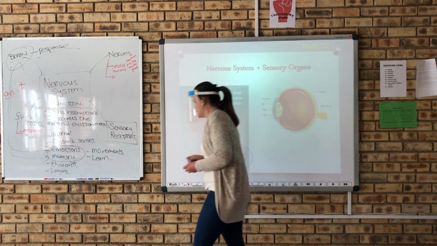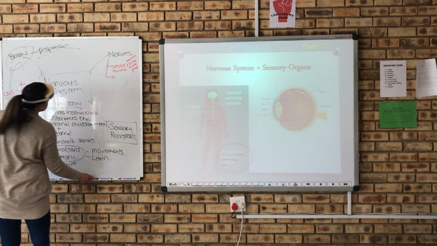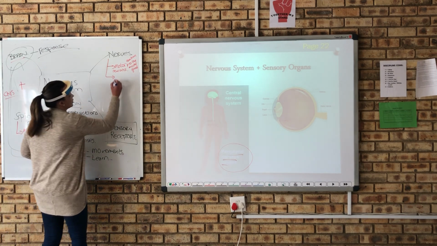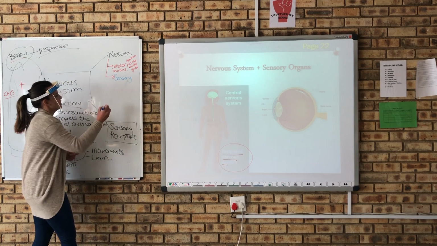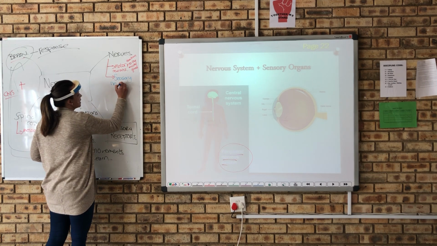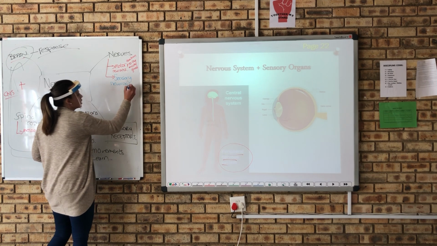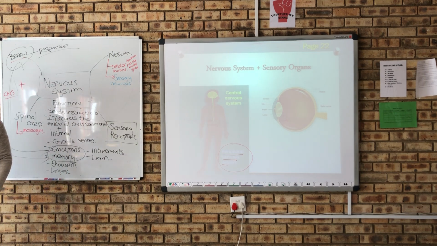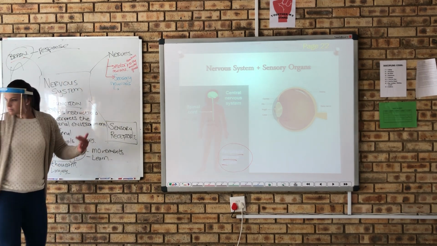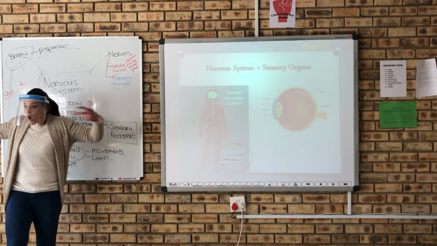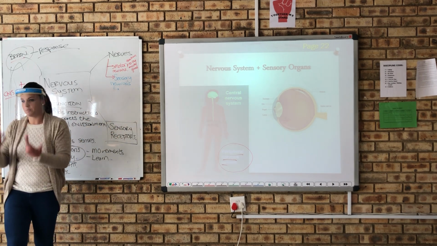Then we have, let's go with a different color, sensory neurons. What do you think, grade 9s, sensory neurons are going to do? What are they going to take? They're going to take information from the senses to the brain and the spinal cord.